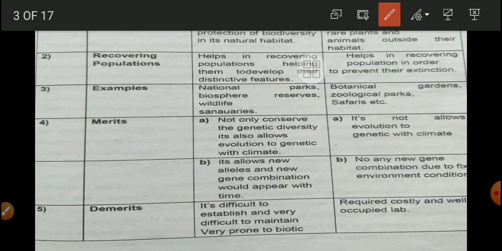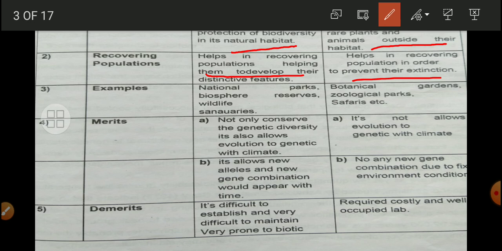In situ helps in recovering population and helping them develop their distinctive features. Ex situ conservation helps in recovering population in order to prevent their extinction.